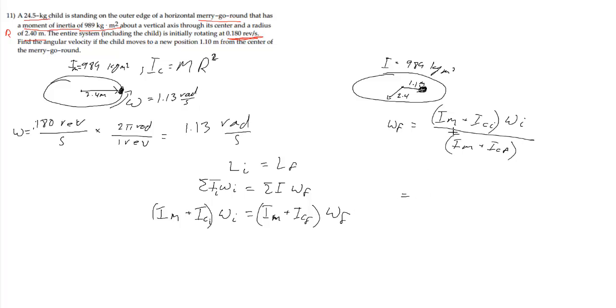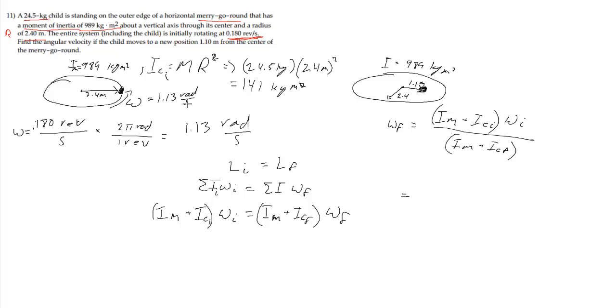So let's solve that so that we can just plug in numbers. M r squared: the mass of the child is 24.5 kilograms, times the initial radius, which is 2.4 because he's at the edge of the merry-go-round, meters squared. So our initial I is going to be 141 kilograms meters squared.